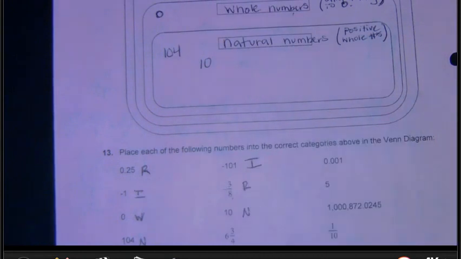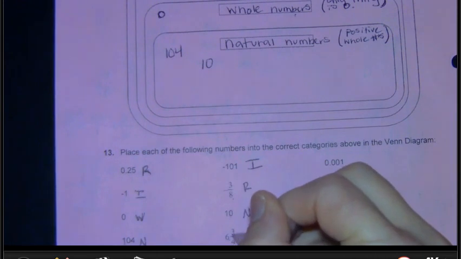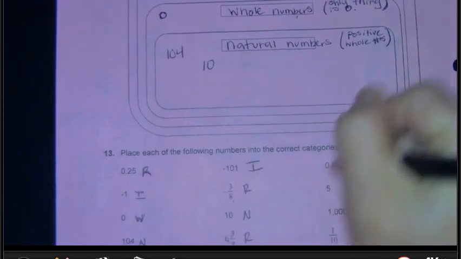All right, positive 10, that is another natural number. Okay, I have a whole number and a fraction together, so I have a mixed number, 6 and 3 over 4. Because I have this 3/4 attached to my 6, that makes it a rational number.